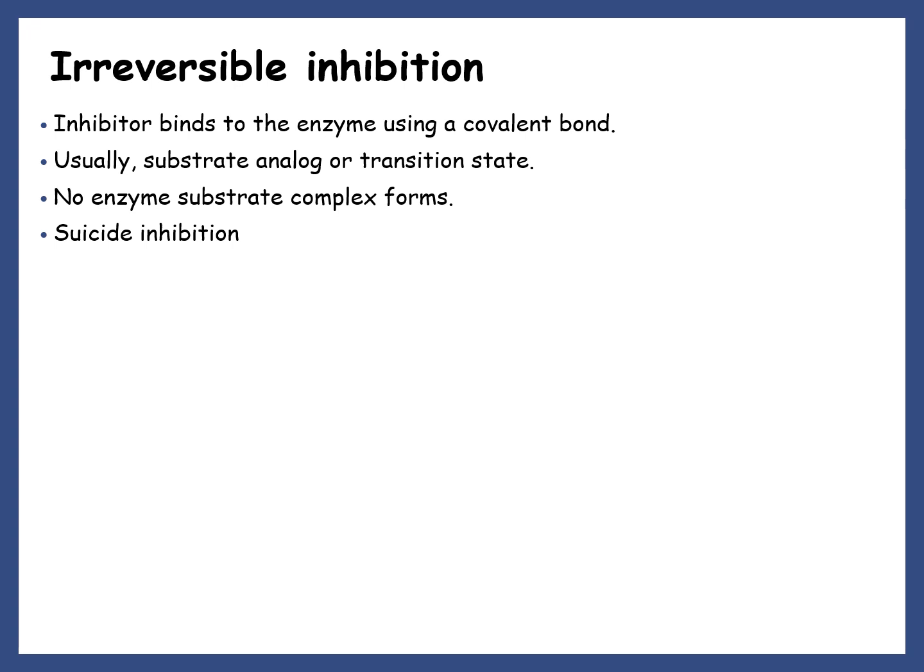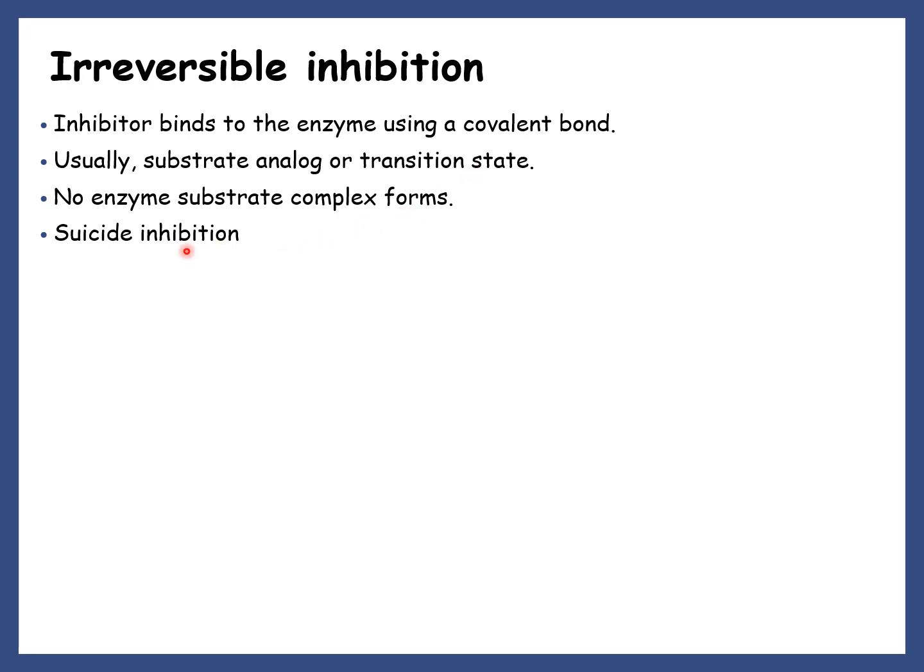Irreversible inhibition. In this kind of inhibition, the inhibitor binds to the enzyme covalently and makes a complex in such a way that the enzyme remains in an inactive form. Usually these inhibitors are either substrate analogs or transition state analogs, and no enzyme-substrate complex would form in case of irreversible inhibition, because the enzyme's active site is bound to the inhibitor molecule, and it's no longer available for substrate binding.